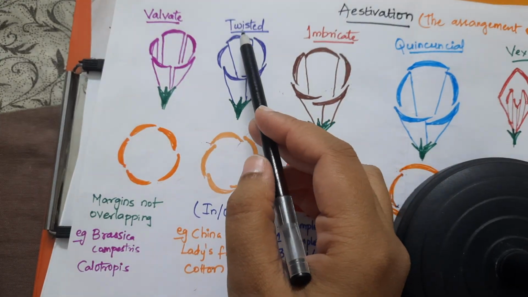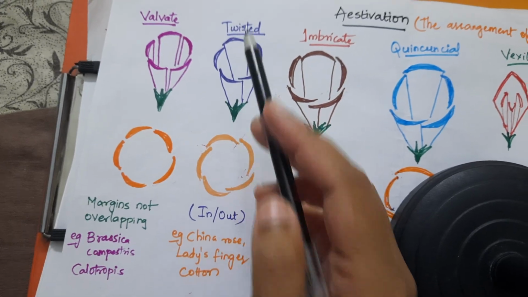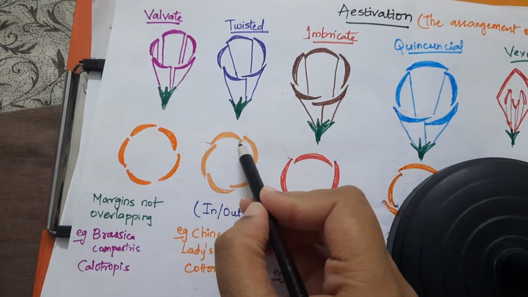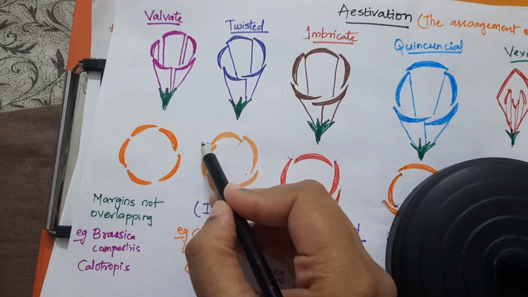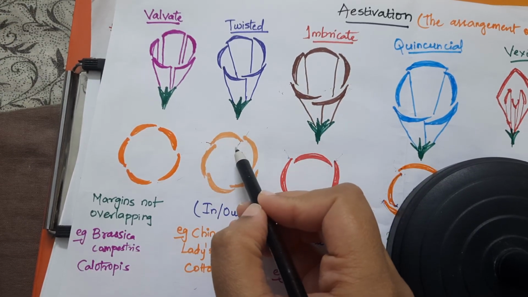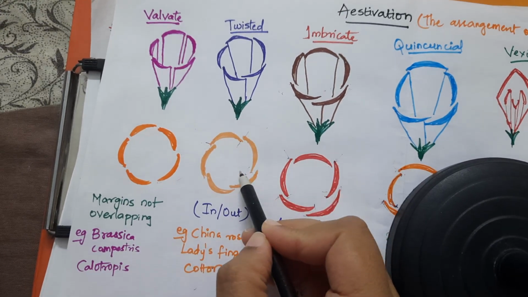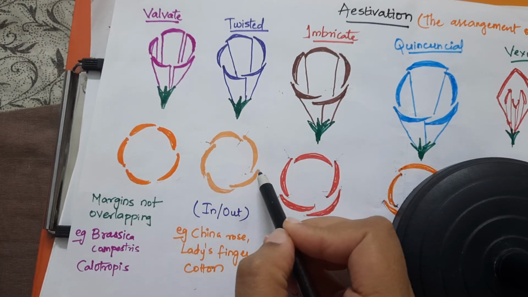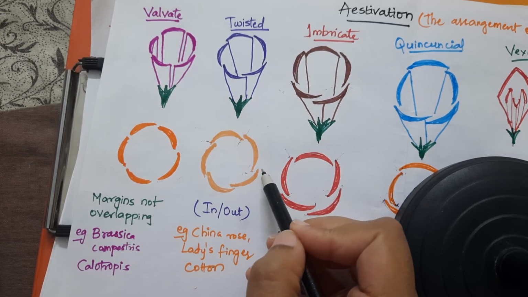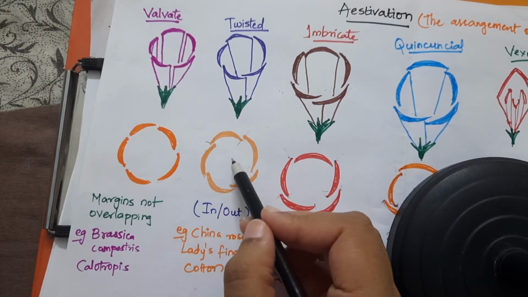Then let's go to the twisted estivation. What is twisted estivation? See here in this sepal or petal, one margin is towards the outer side and one margin is towards the inner side. One is outer and another one is inner. So in this type, sepals or petals are arranged one outer and one inner in position.